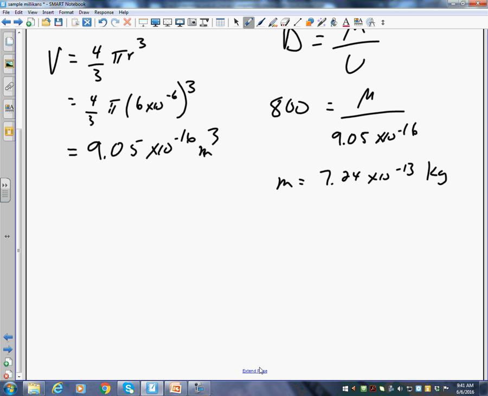7.24 times 10 to the minus 13. Okay, so now I'm back to where I was in that first question, because now I've converted it to kilograms, right? So what's the next step? What was the first step on the first two questions? Find the weight force. Mass times gravity.